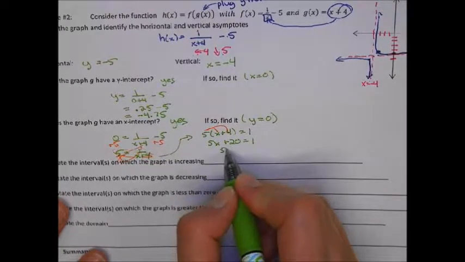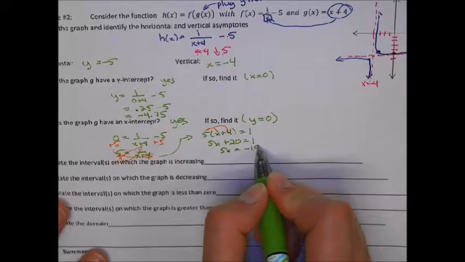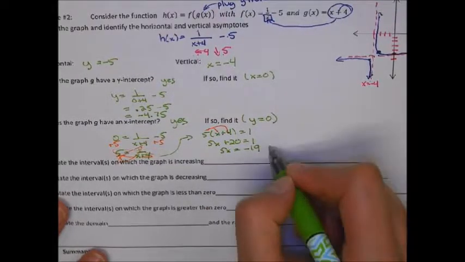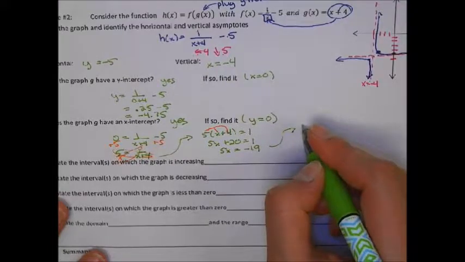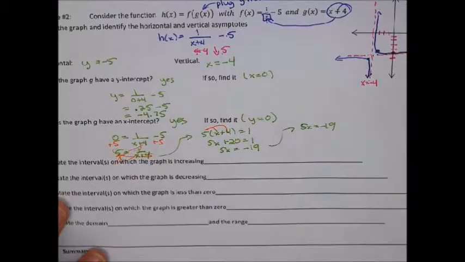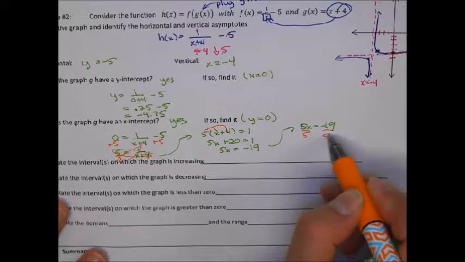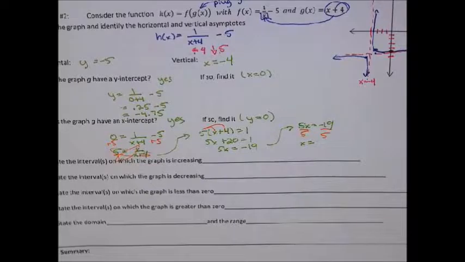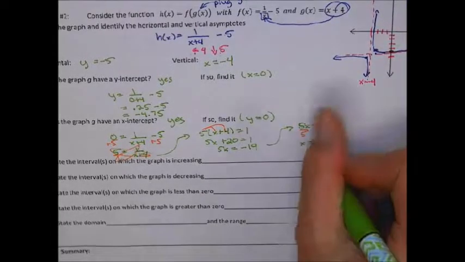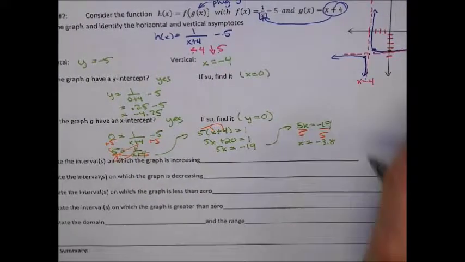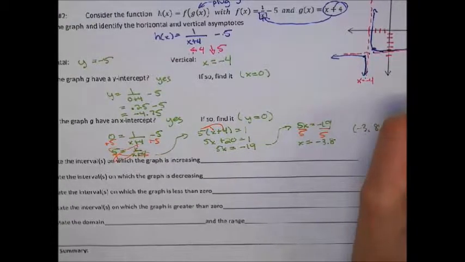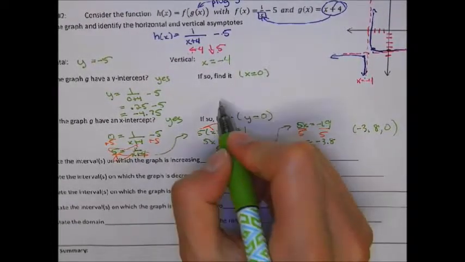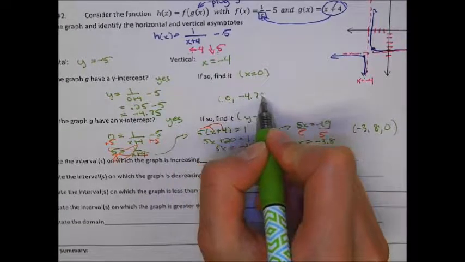We're going to subtract 20, and then divide by 5. And in the calculator, this comes out to be negative 3.8. So that's negative 3.8 comma 0. And then the one up here, 0 comma negative 4.75.